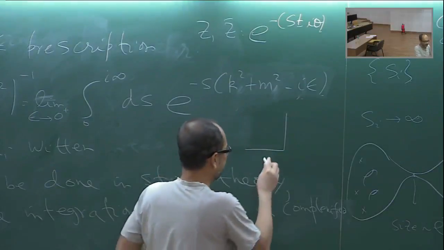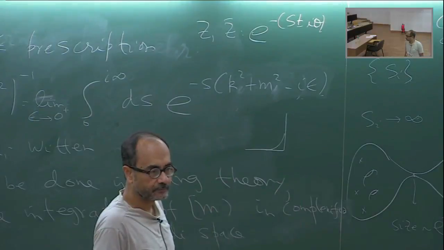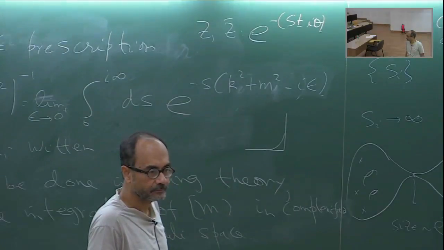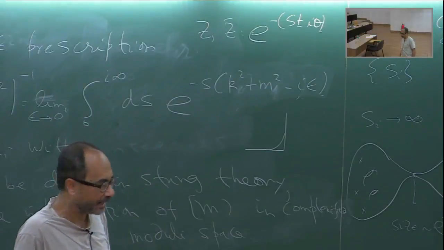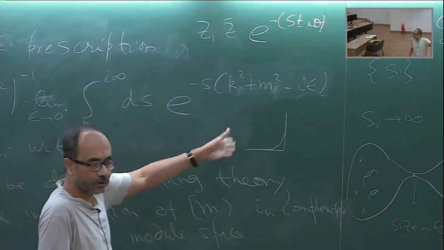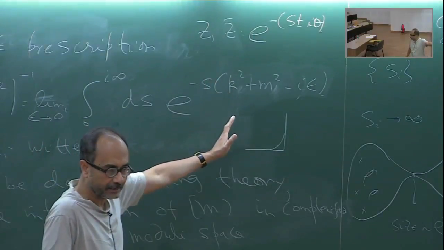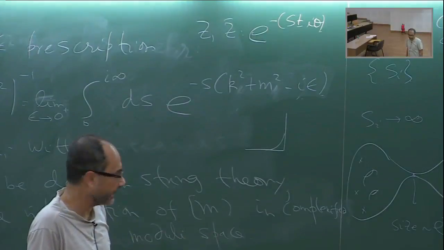I mean, this is the same as integrating along this contour. Yes, you have to make sure that there are no singularities, and that's what this procedure does. If you turn the contour in the complex plane near the boundary, then you can show that there are no other poles. I mean, you make this result finite by this procedure.